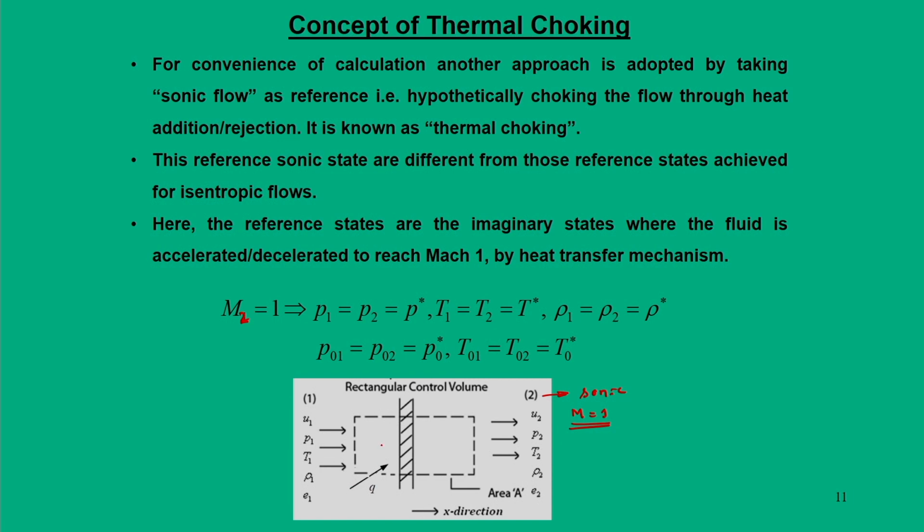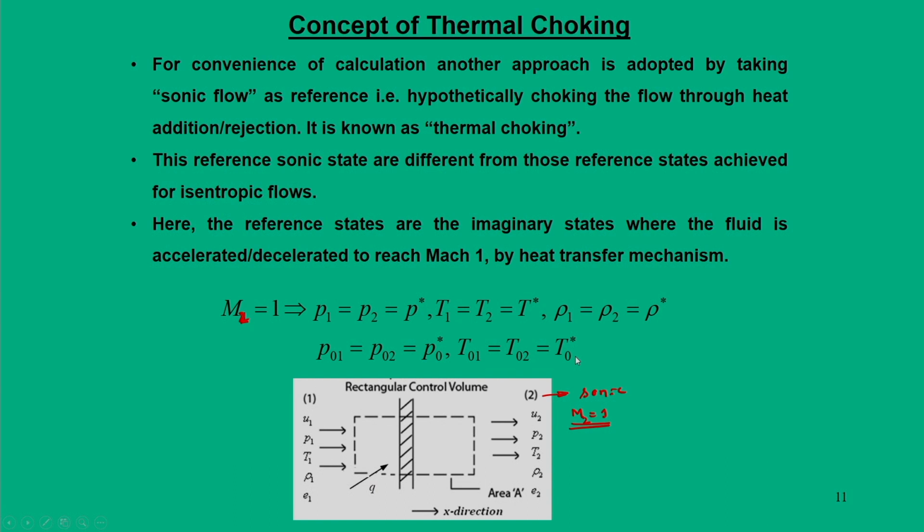If we add heat continuously into this duct such that condition 2 is sonic, then we can define a reference condition as P star, T star, rho star, P naught star and T naught star.